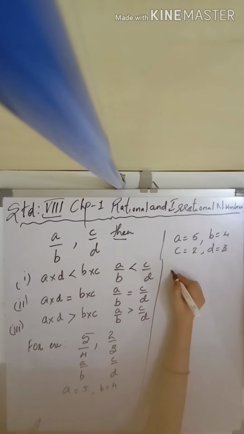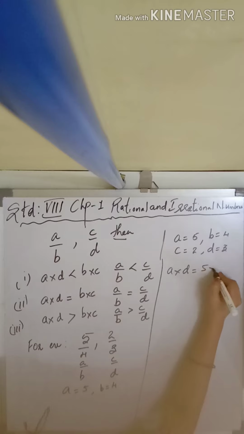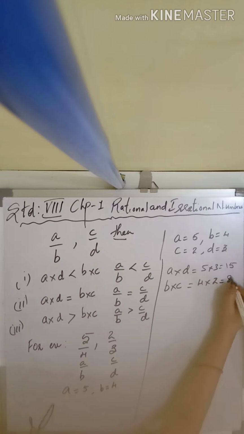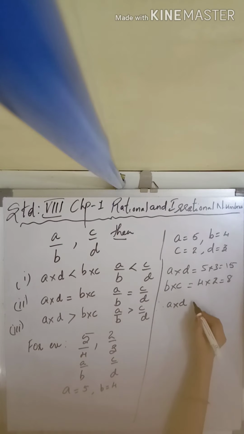Now, what does this rule say? First step, you will find a into d. So a into d is 5 into 3, which is equal to 15. Next, you find b into c, which is 4 into 2, equal to 8. Now you can see a into d, which is 15, is greater than b into c, which is 8.